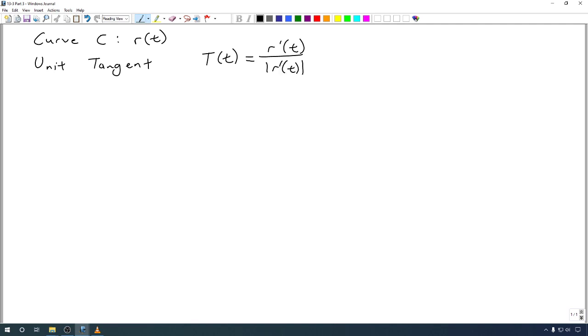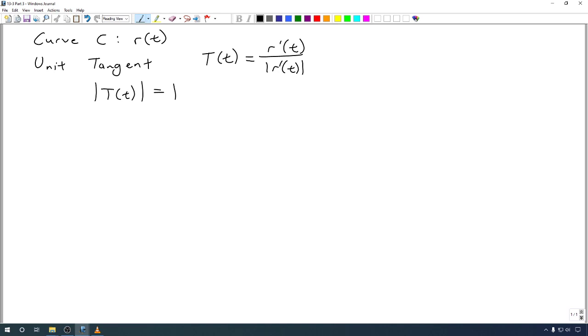And now we're going to make use of one of the properties of this unit tangent. Specifically, that it is a unit tangent. The magnitude of T of t is always equal to 1. And so we actually do have a vector valued function, capital T of t, with a constant magnitude.